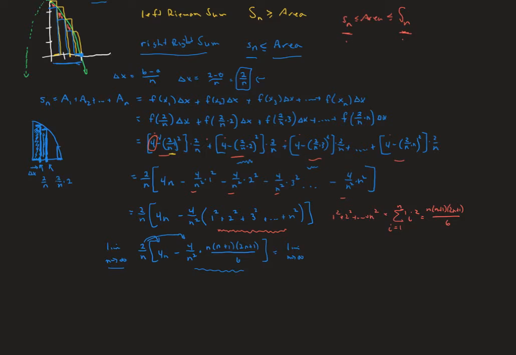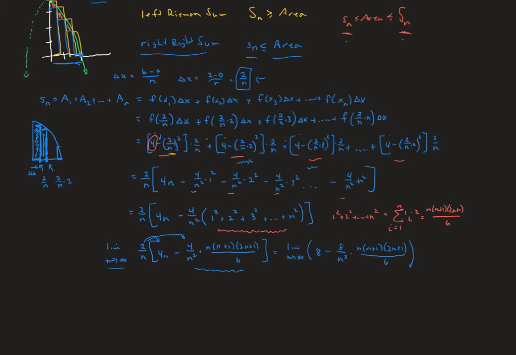The n's will cancel, and we're going to get just 8. Then we're going to get a minus, so that 2 over n times the 4 over n squared is going to be 8 over n cubed, and that's still going to multiply n times n plus 1 times 2n plus 1, all over 6.